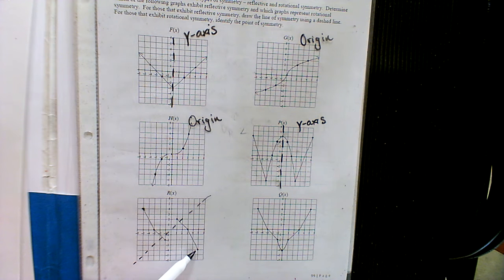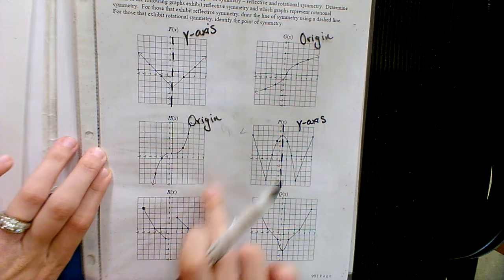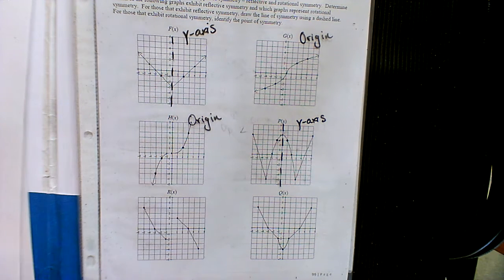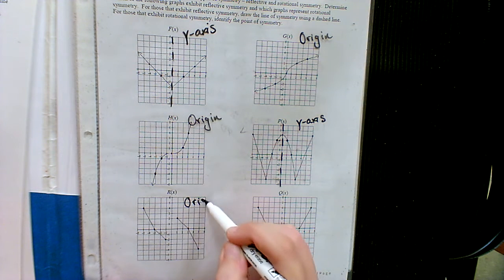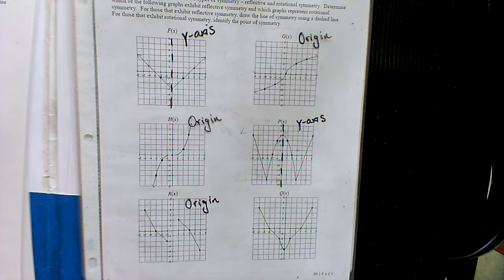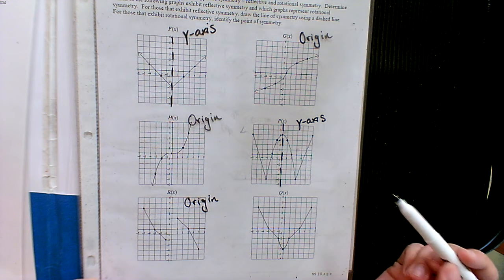So it would not match up with that one. So that's not perfect diagonal symmetry. What would you say it was? Can we fold it or can we rotate it? Rotate it. If you flip it upside down, it would be the same graph. Okay, origin symmetry. What about q of x?